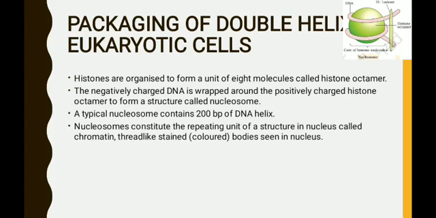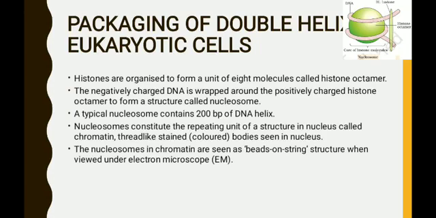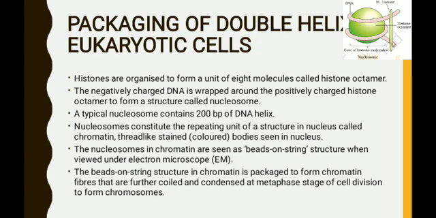So this is a single nucleosome. But in the nucleus, many such nucleosomes appear like a chain-like structure. The nucleosomes in chromatin are seen as beads on a string. Many nucleosomes are linked together in the form of a chain, so it looks like beads on a string. And that structure is viewed when it is observed under the electron microscope.